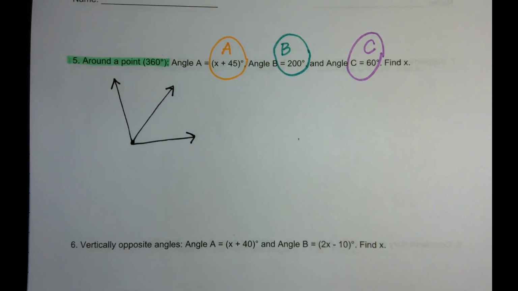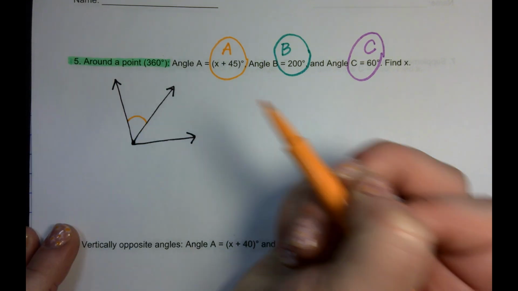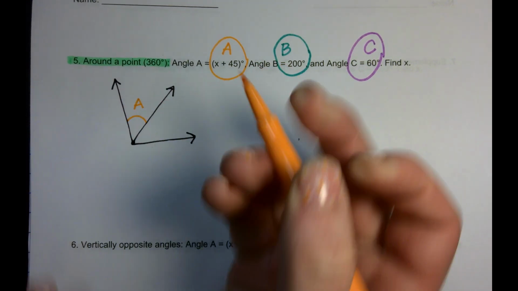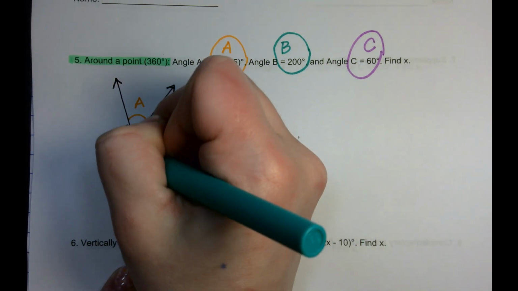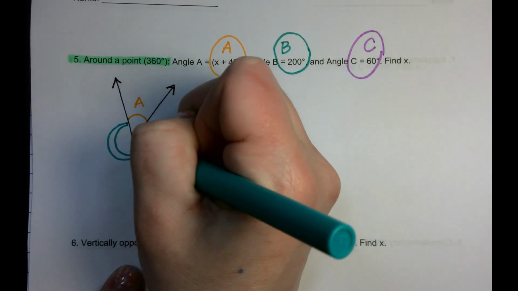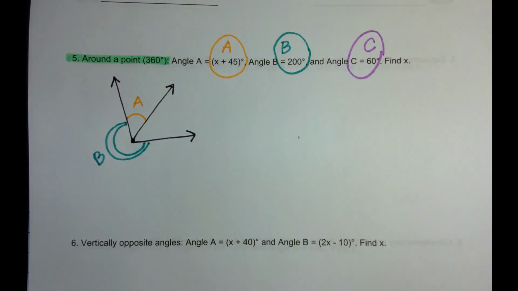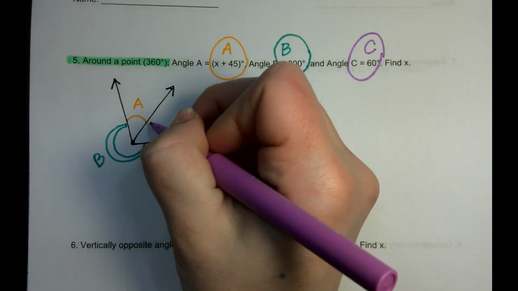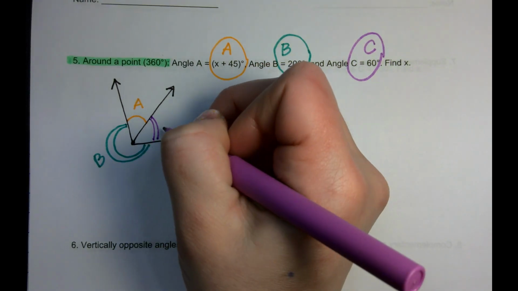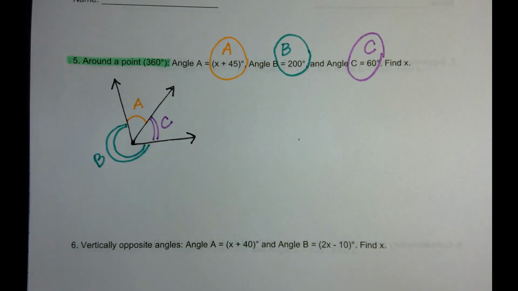I'm going to call this angle A. Angle B. I made these angles very random sizes. This is not to scale at all. I'm just doing a quick drawing so that we can see that it's 3 angles.